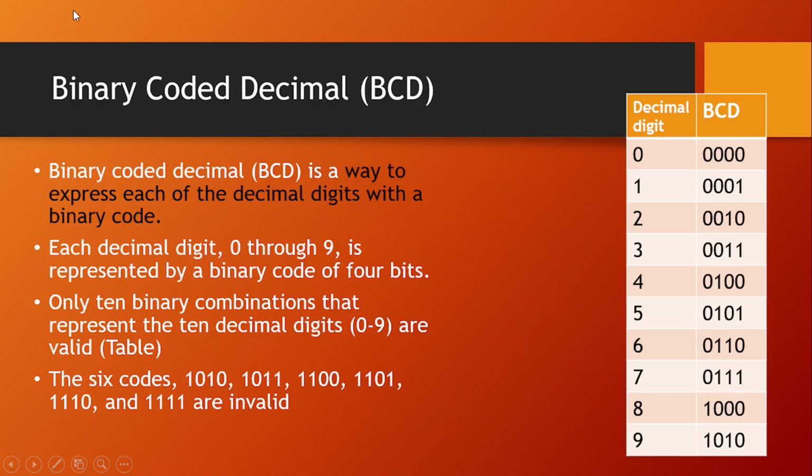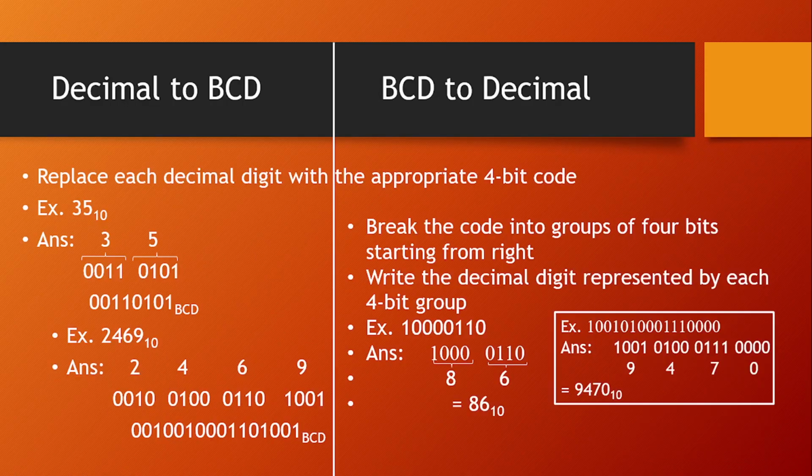Now let us find how to convert a decimal number to BCD, and then we'll see how to convert BCD to decimal. So the strategy is simply to replace each decimal digit from the decimal number with its appropriate 4-bit code. For example, the decimal number 35 is to be converted into its equivalent BCD code.